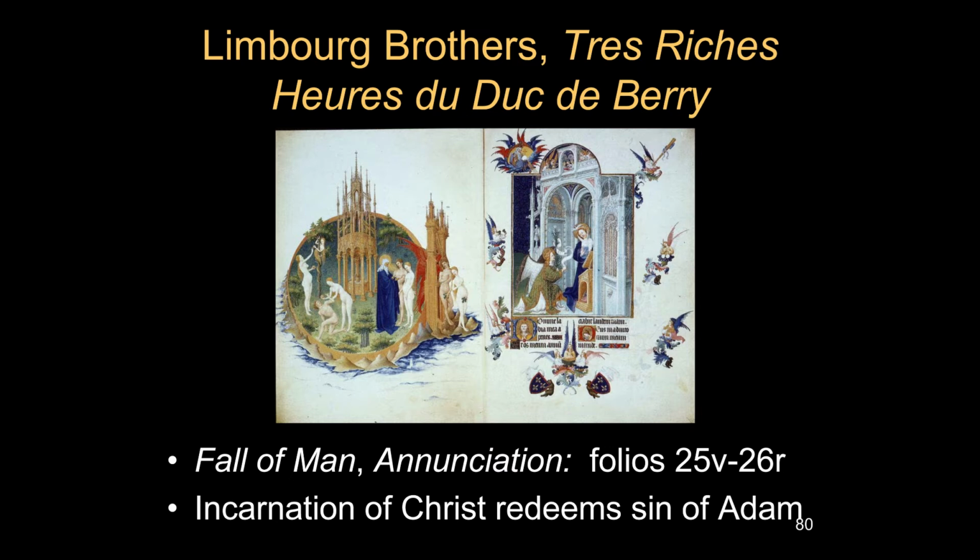Sometimes that's really significant, as in this case, because you see on one side the fall of man, Adam and Eve, who are the first parents who commit the first sin, the original sin. And then on the other side, you see another scene of the Annunciation.